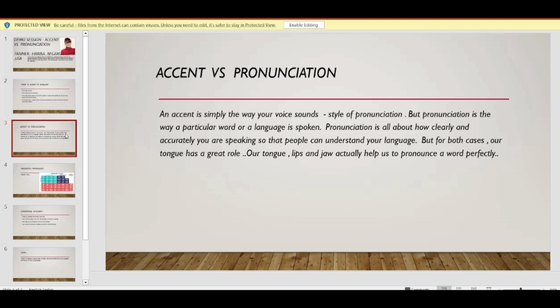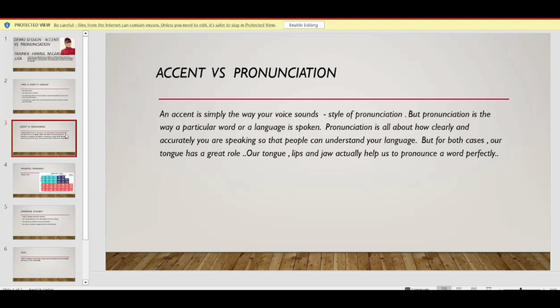So while we are talking to people, if we want to develop our accent, it's very important to focus on our tongue. If you want to develop your pronunciation too, you have to know how to roll your tongue, how to play with your lips, how to play with your tongue. So all these things are very important.